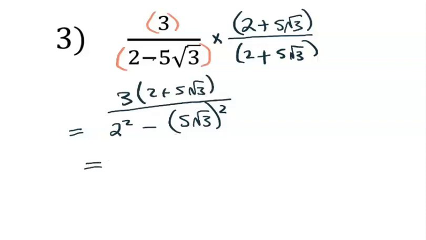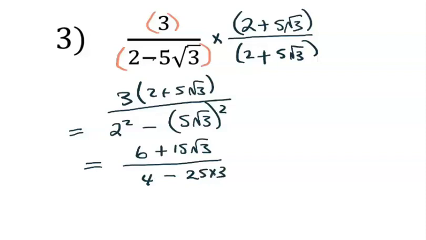This I can simplify by saying this is 6 plus 15 square root of 3, and the denominator becomes 4 minus 25 times 3, which is 75, so 4 minus 75 gives me minus 71. With the negative sign, it is 6 plus 15 square root of 3.